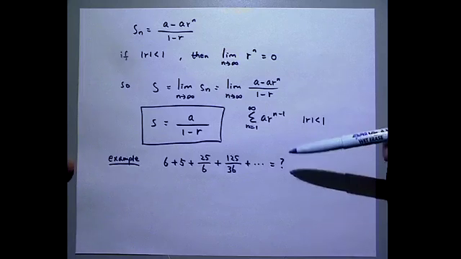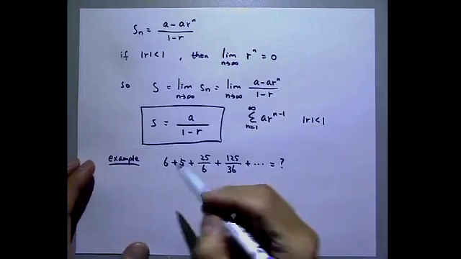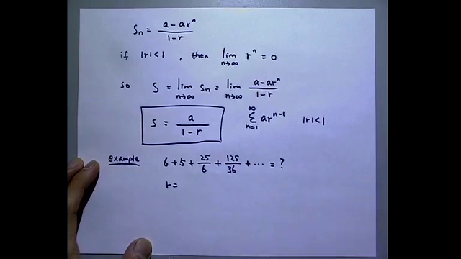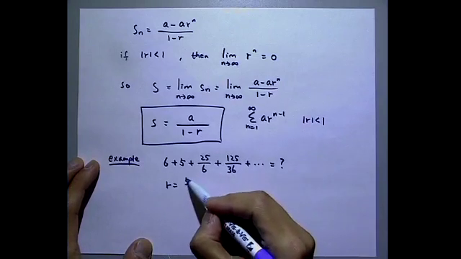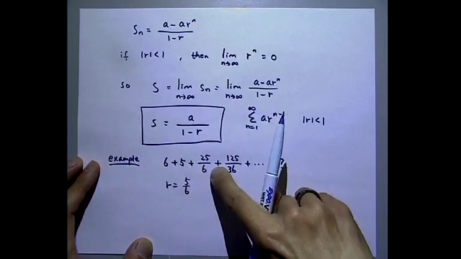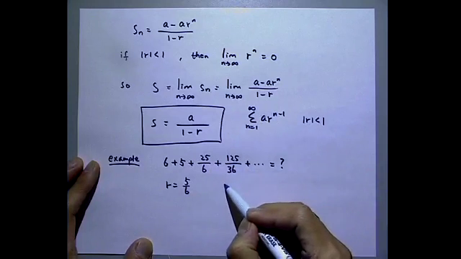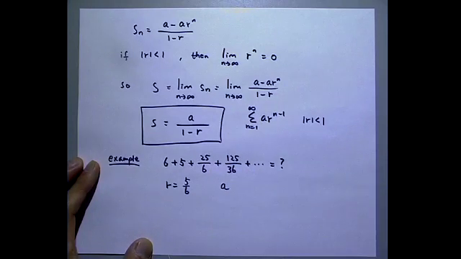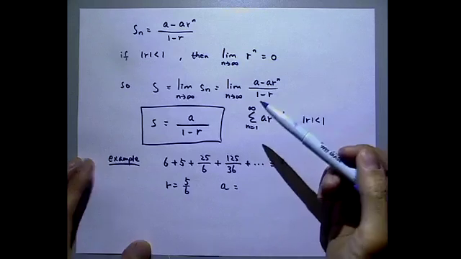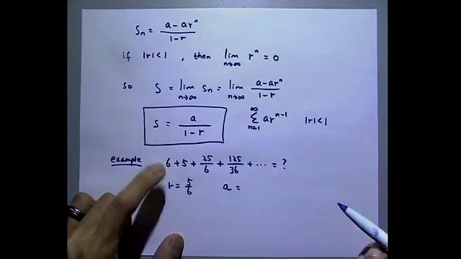The first thing you want to identify here is what the common ratio is. So what is it? 5 over 6, right? 6 times that gives me a 5. 5 times that gives me this. This times that gives me that. And so on and so on. And what is a? What does a represent? The first term, which is 6, right?